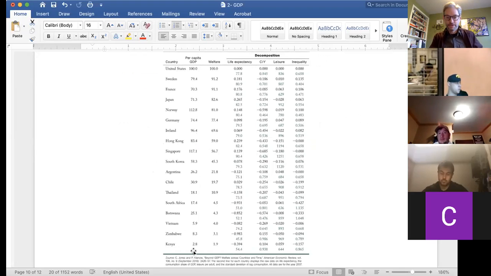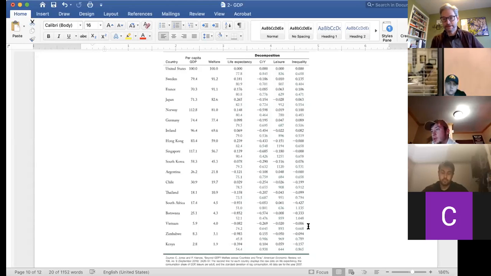This is relative to the United States, right? So in other words, the US has 100, Sweden has about 79% of GDP. And then in these other measures, you can see what the US looks like relative to life expectancy, consumption rates, leisure rates, and here's a measure of inequality.